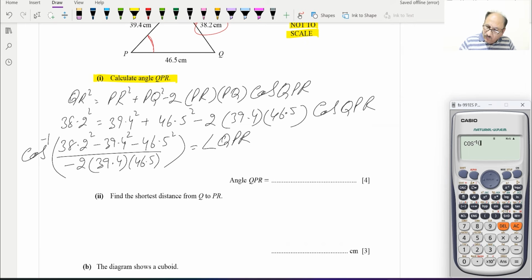So cos inverse of fraction, this will be 38.2 square minus 39.4 square minus 46.5 square over minus 2 into 39.4 and bracket close, and next will be 46.5 and bracket close, and this will be equal to 52.01.